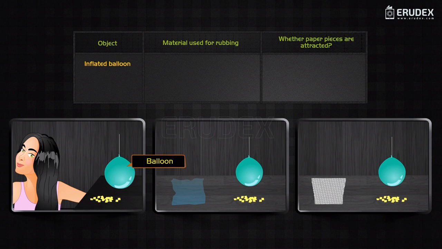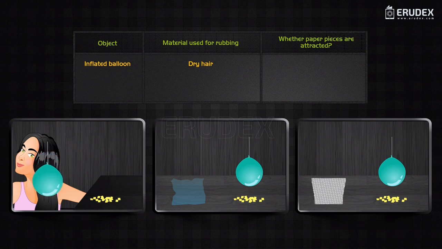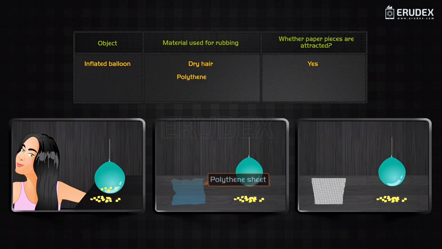Inflated balloon rubbed against dry hair, attract pieces of paper. Polythene sheet, attract pieces of paper.